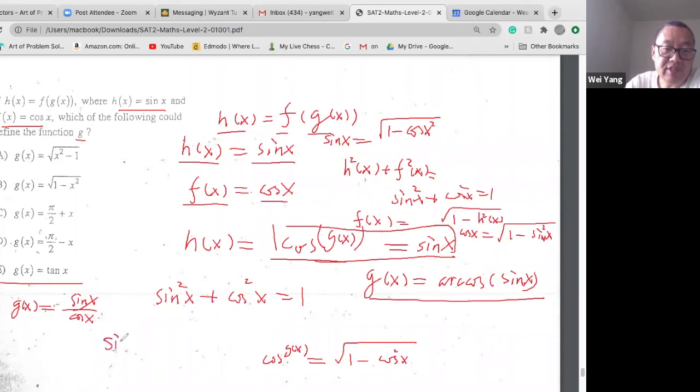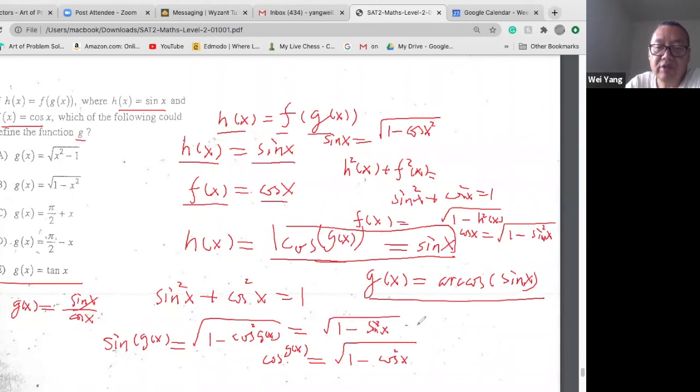So then what is sin gx? Sin gx will equal the square root of 1 minus cosine gx squared. This equals the square root of 1 minus sin x squared, so it equals cosine x. So cosine gx equals sin x, and sin gx equals cosine x.